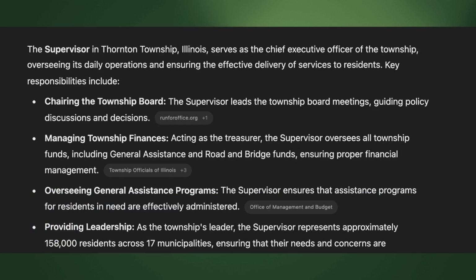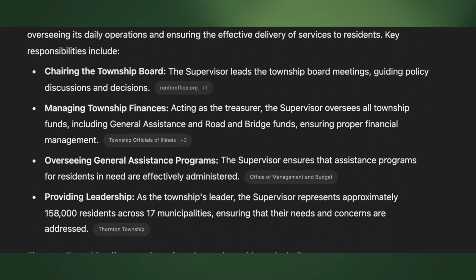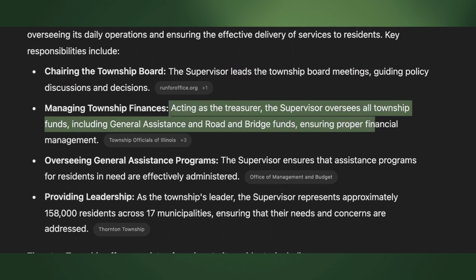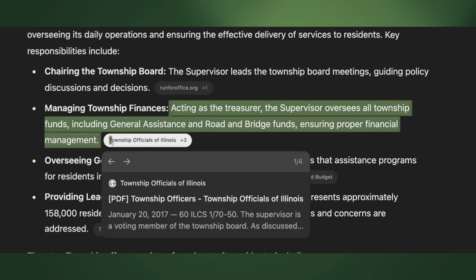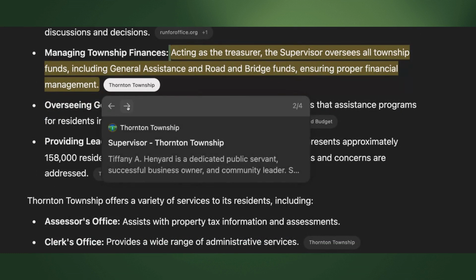And while I'm looking here, I can see a lot of reasons why people are scrambling and scraping for this job, especially if I'm the treasurer. I did not know that the supervisor manages the township finances. Man, if I was a treasurer and I was grimy, y'all would never know how much money y'all had, because I would be out there doing wrong.